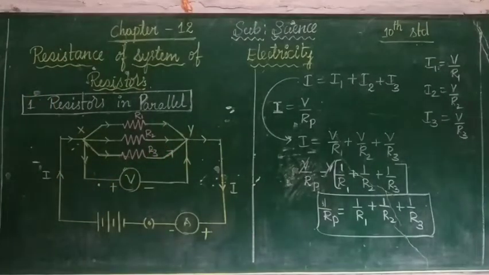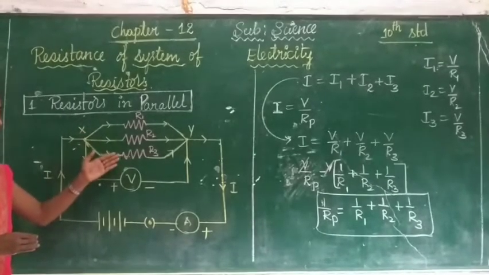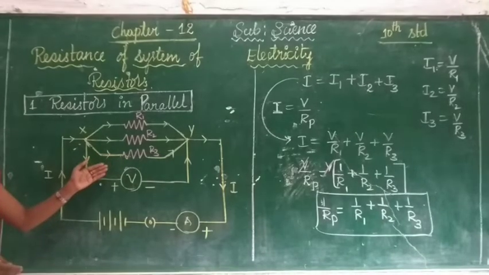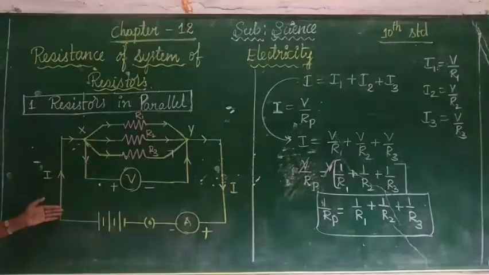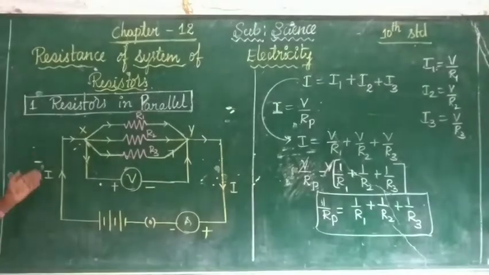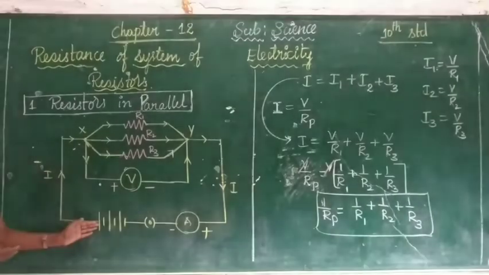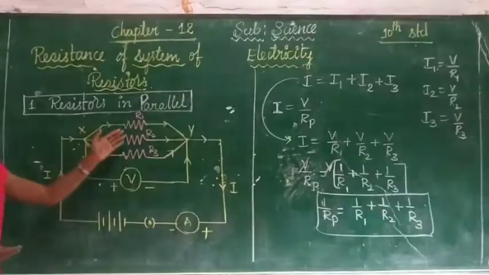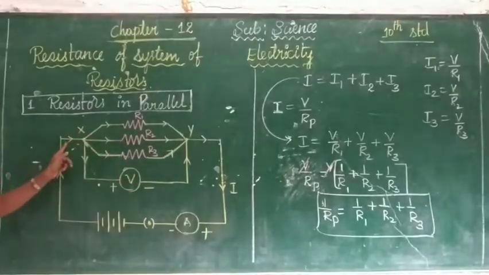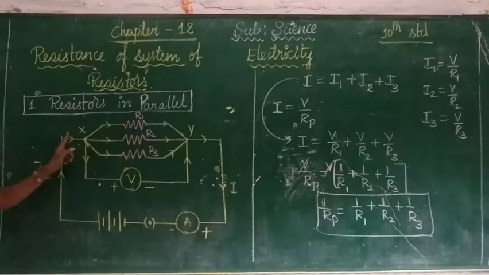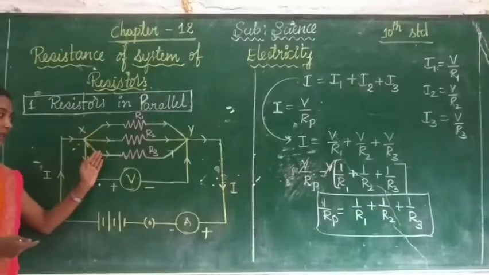Now let us know how this combination of resistors in parallel affects the circuit. Children, look at this circuit diagram. The current flows from the battery through the circuit. When it comes to the point X, the current is divided like this.